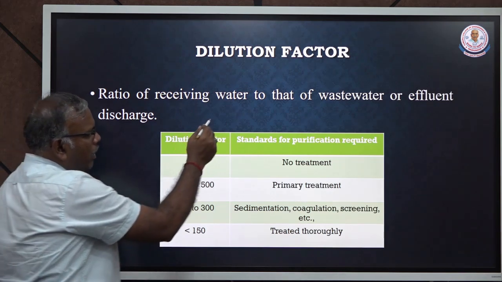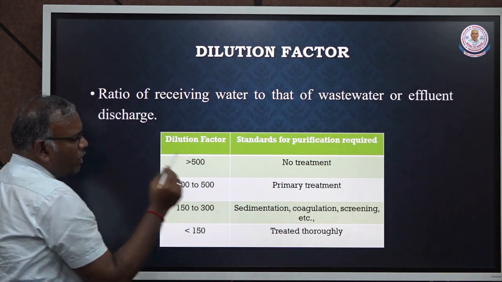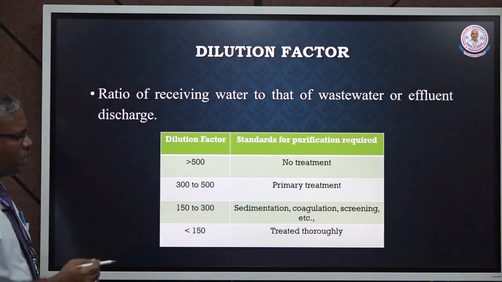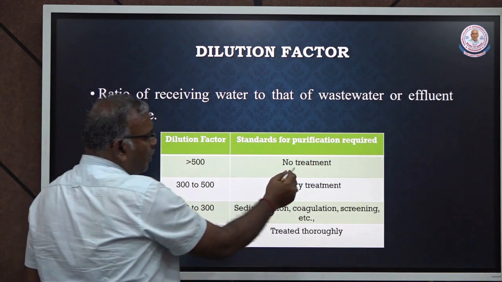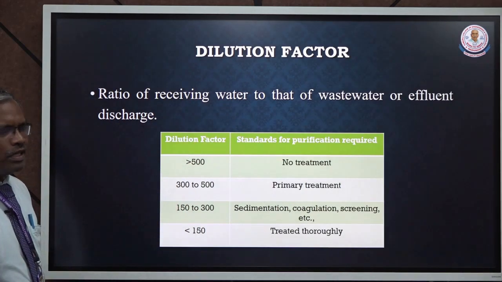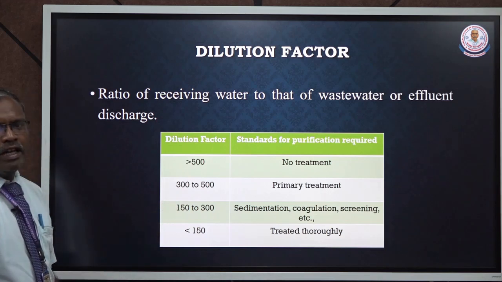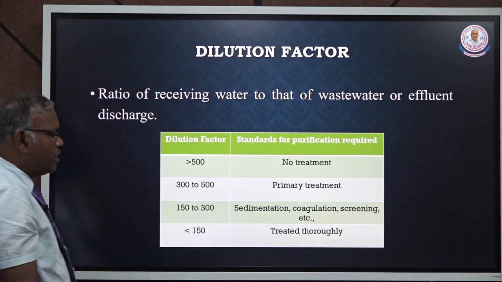Next, the ratio is 1000 divided by 2, so I will be getting this factor as 500. If it is above 500, then I need not treat this sewage, and I can directly dispose.